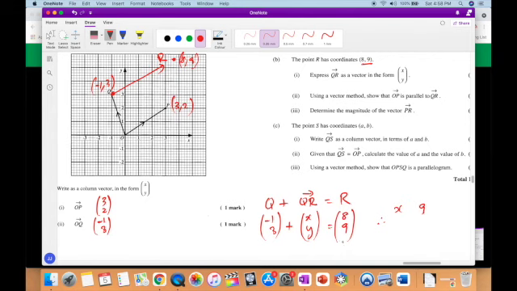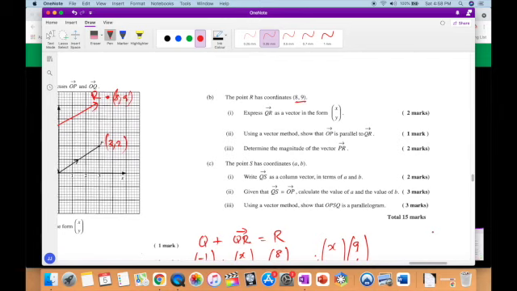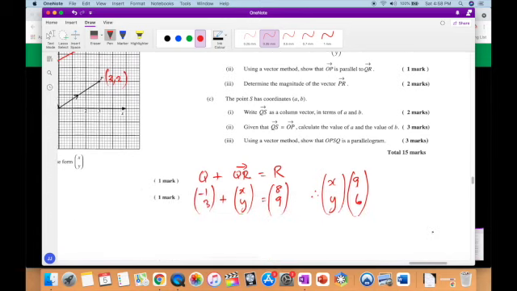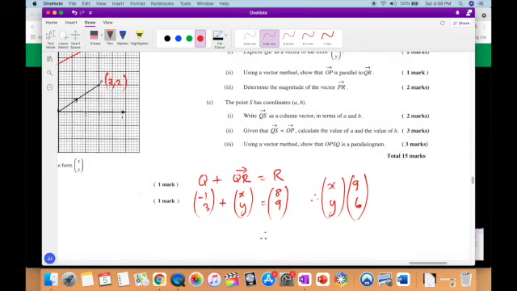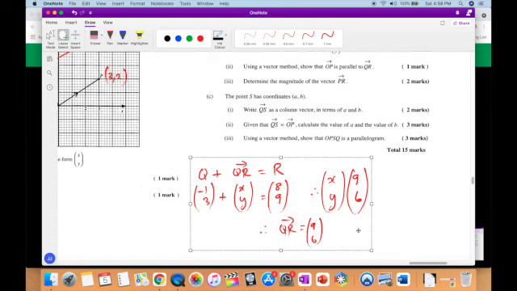And if I throw across the 3, it'll be 9 minus 3, which is 6. So therefore the vector QR is equal to (9, 6). So that's one way.